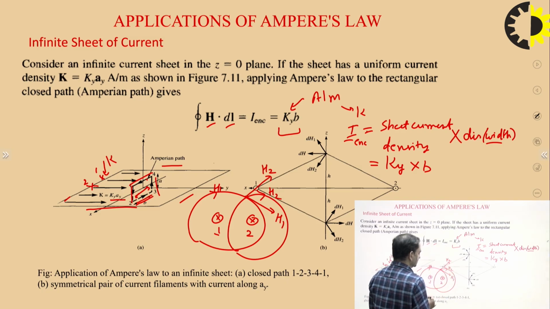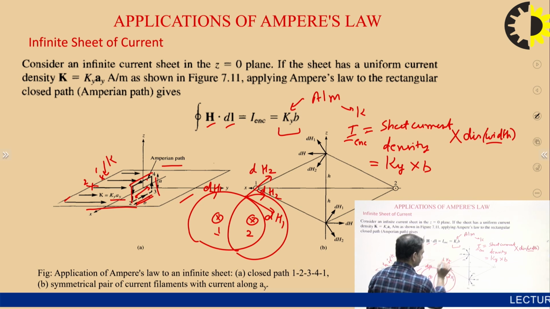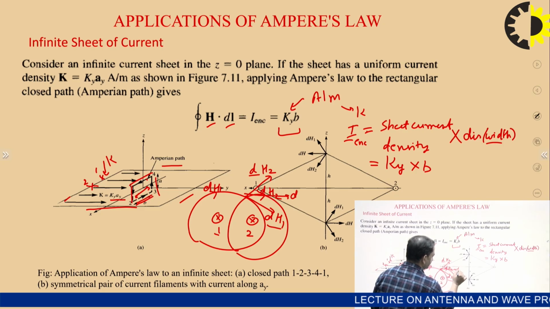So we can write dH1 for element 1 and dH2 for element 2, and the resultant of dH1 and dH2 will be nothing but dH.